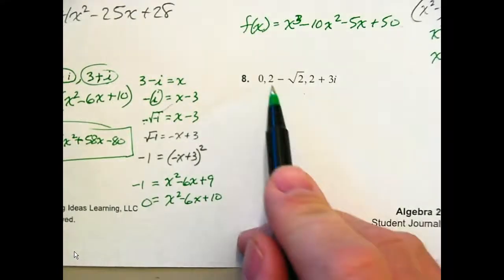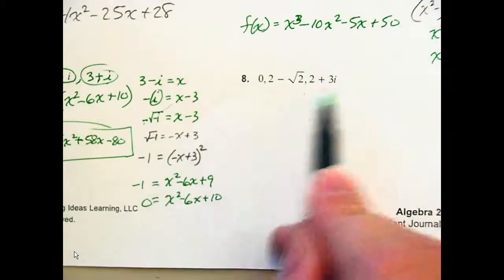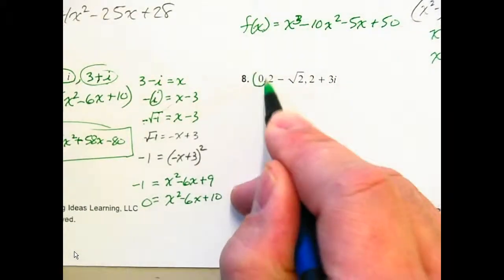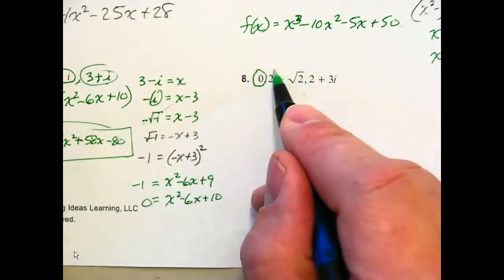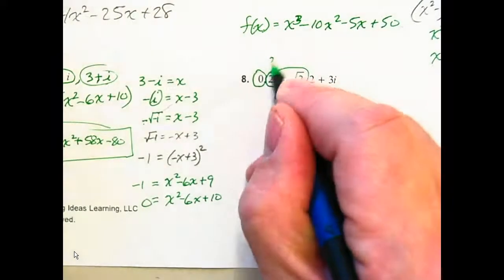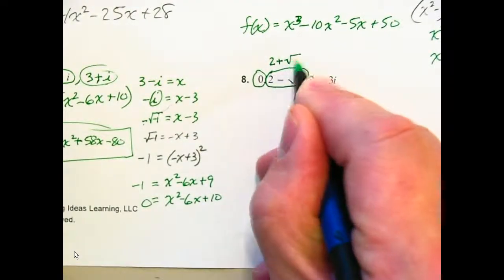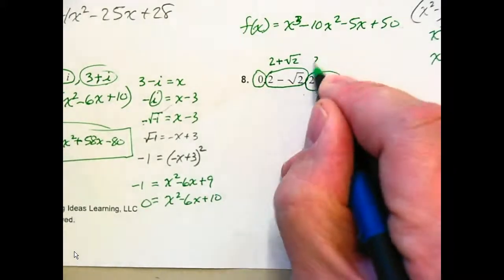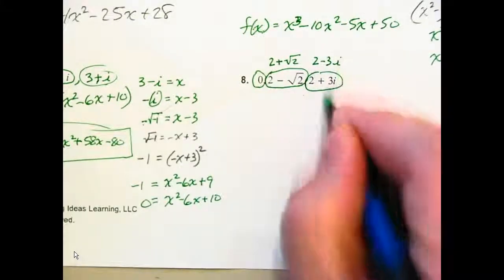So what degree is this going to be? You have 1 degree there. With that you have 2 minus root 2, but you also have 2 plus root 2. And this you have 2 plus 3i and 2 minus 3i. So it's a 5th degree.